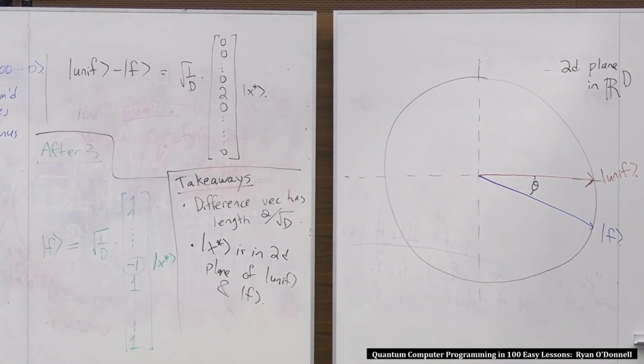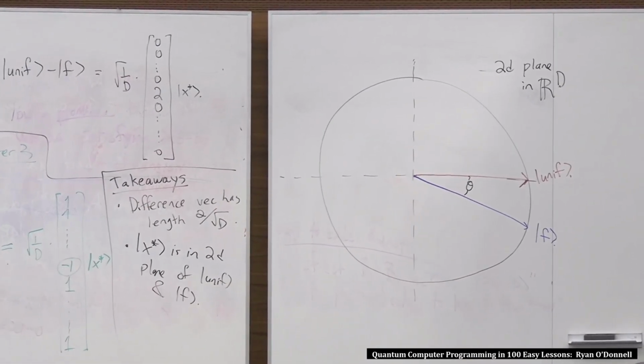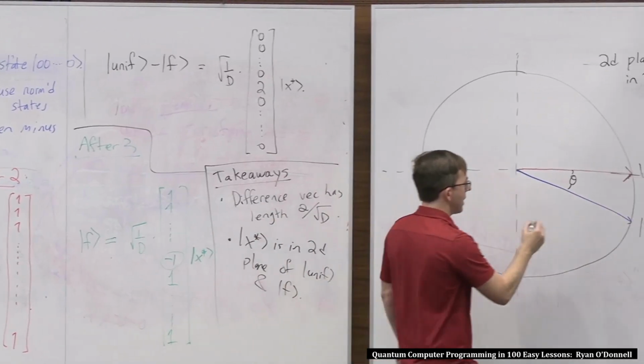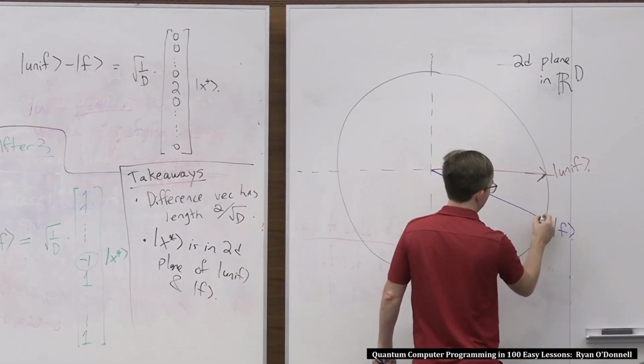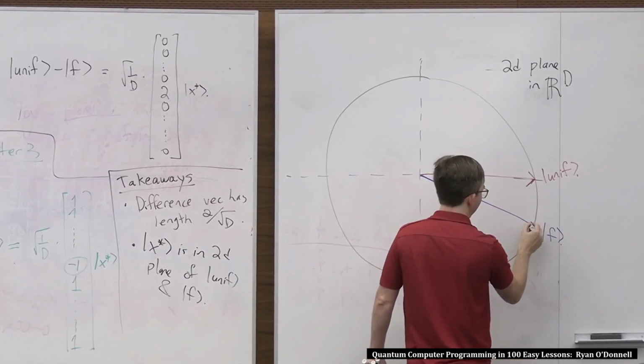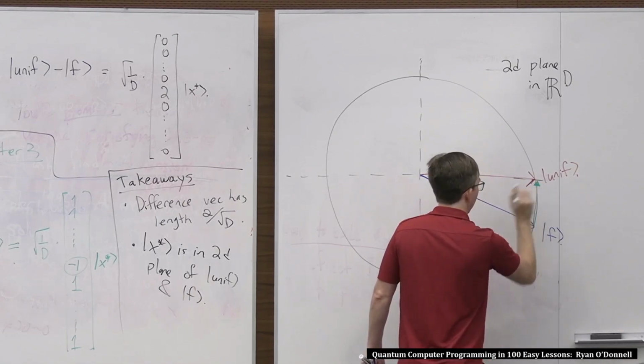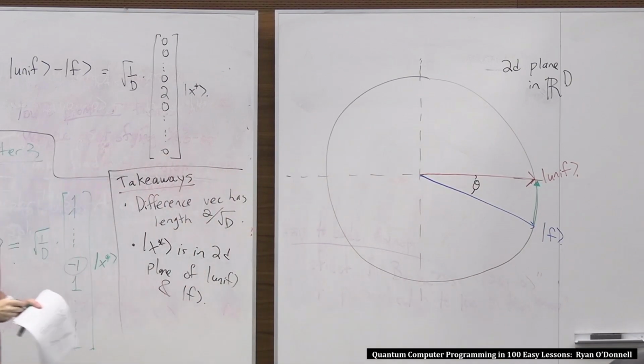Okay. So actually, let's draw the difference vector as well. We computed this difference vector up here, unif minus f. That's this. Oh gosh, I really should have drawn a more accurate picture. Okay, that green vector is the difference vector.